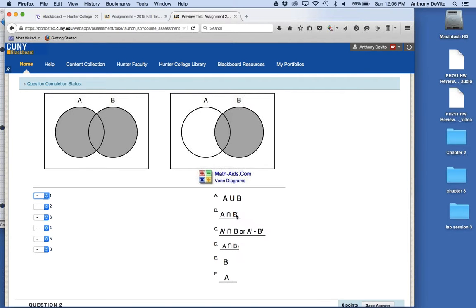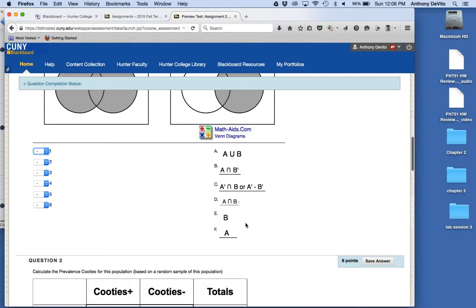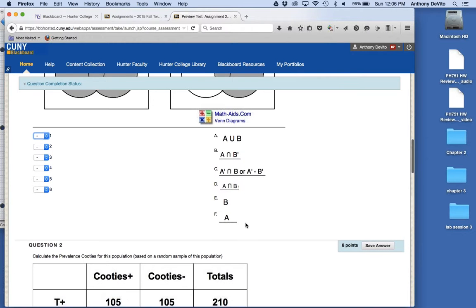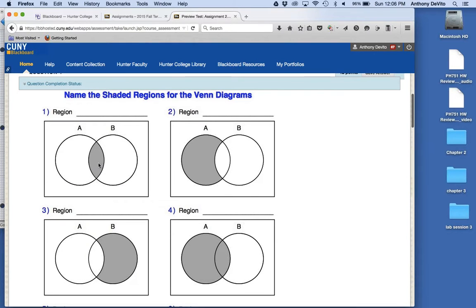In other words, A intersection not B. Since it's an intersection, it has to satisfy both of these things. Or we have A intersection B again, and not A intersection B. Do we have one that's just intersection? Nope. So I'm going to go through these with that in mind.